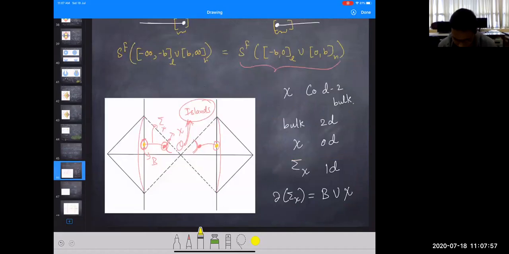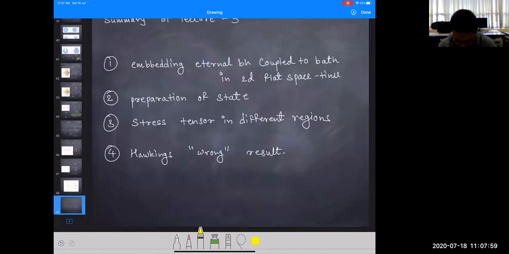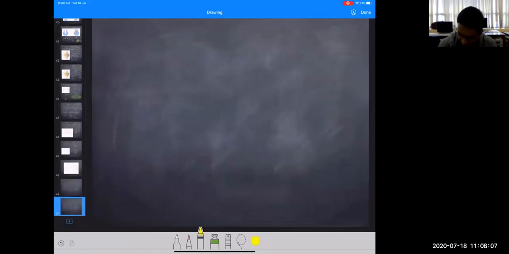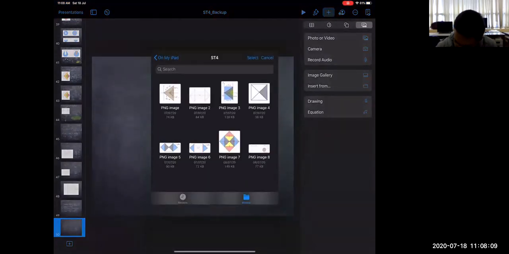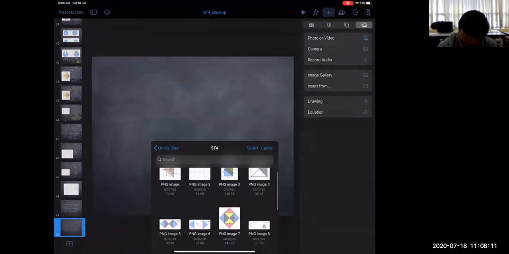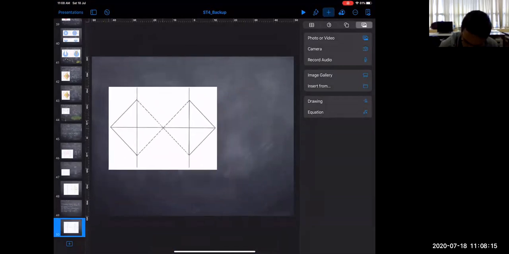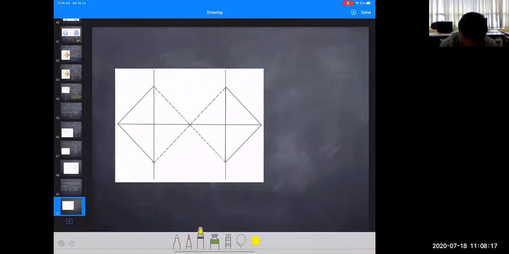So let's start today's lecture. One thing I wanted to point out is that, to understand our previous result of linearly growing entropy, let me look at this diagram. What is happening is that we are computing this entropy.